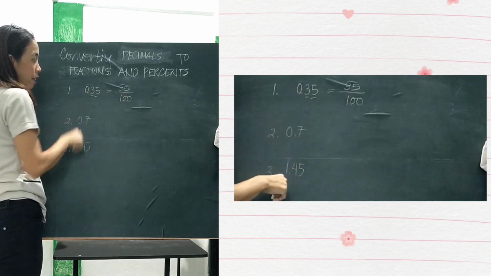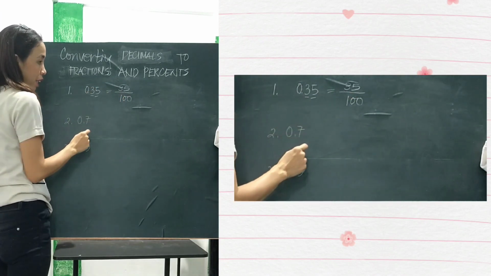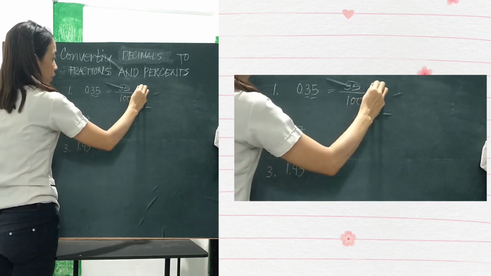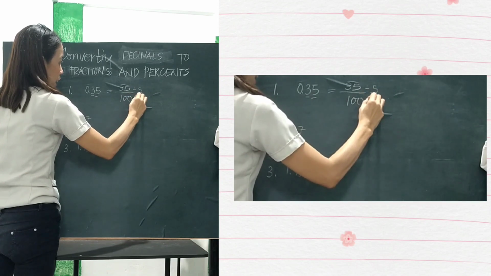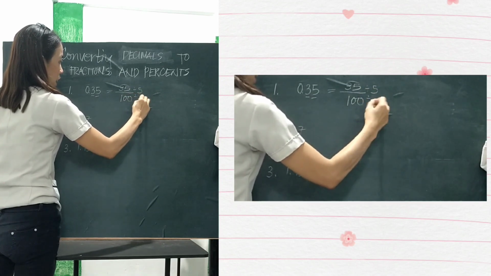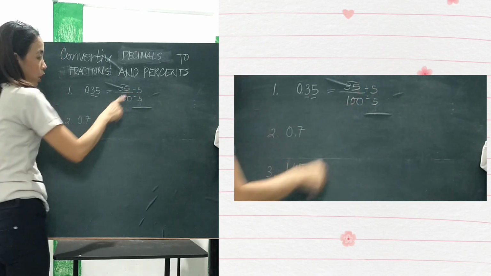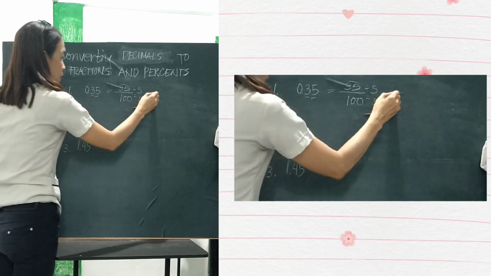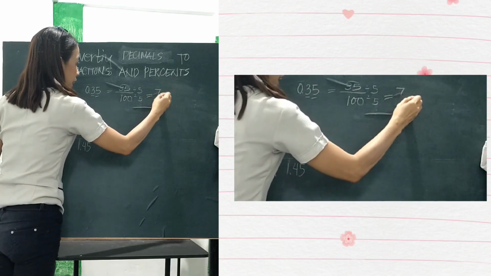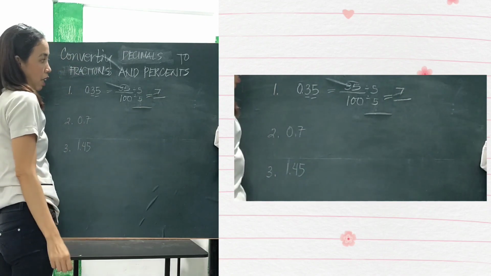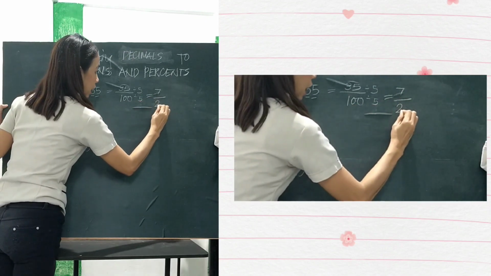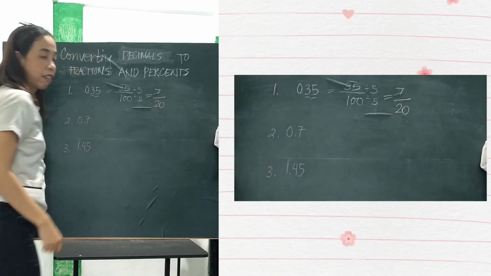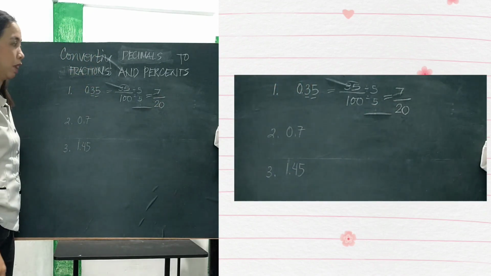We will simplify this fraction. We will divide it by 5. So, 35 divided by 5 is equal to 7. And 100 divided by 5 is 20. Your answer is 7 over 20.